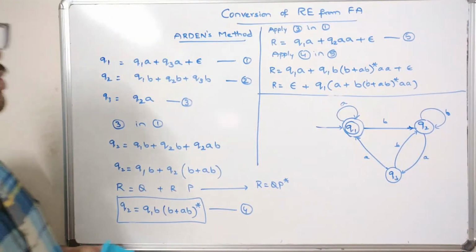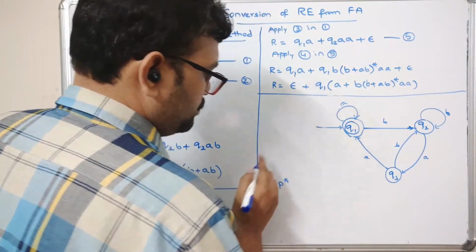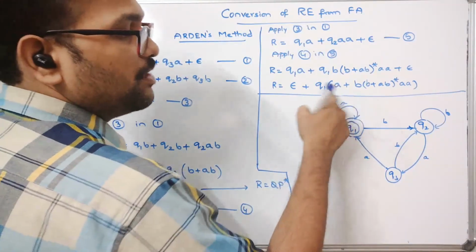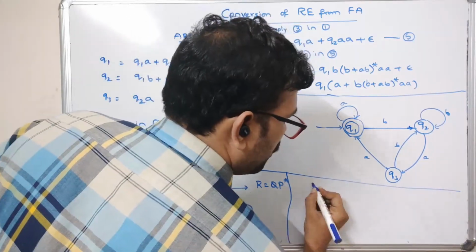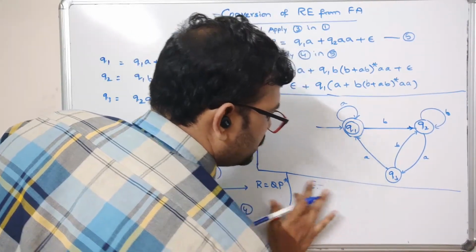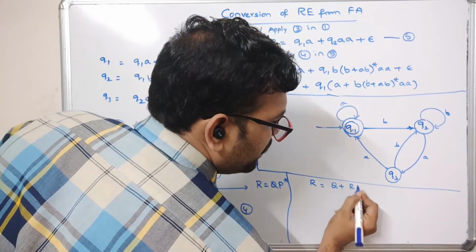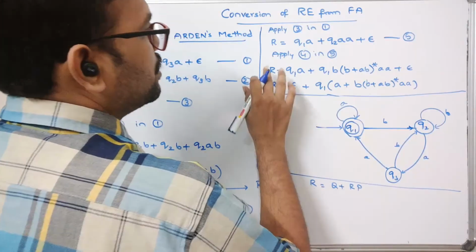Now this is in the format of R is equal to Q plus RP.